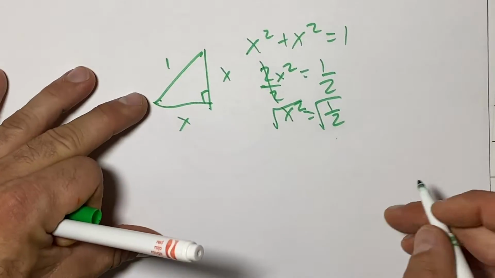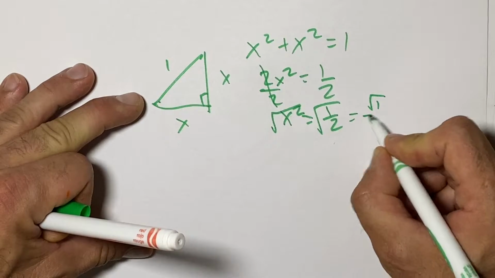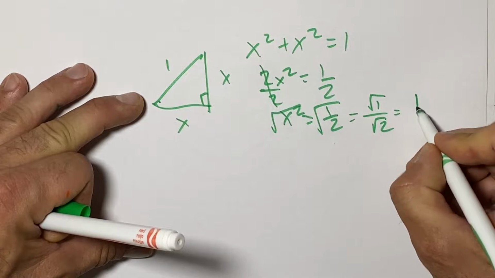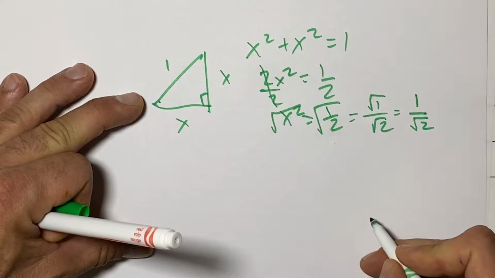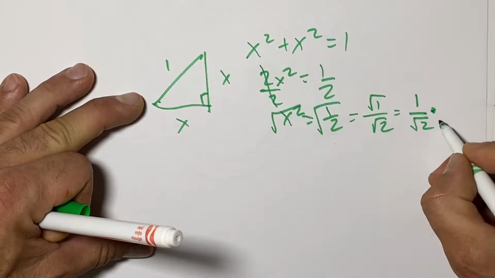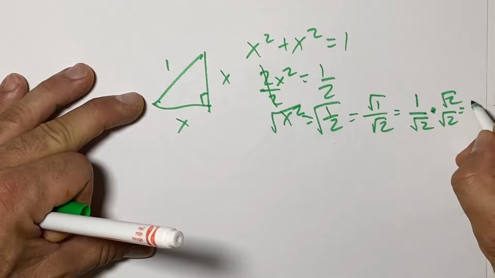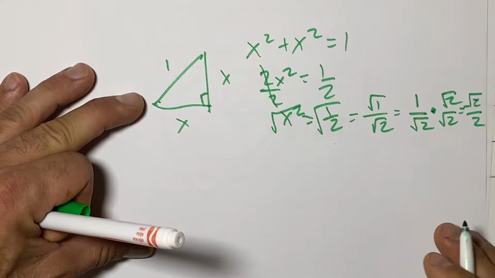So when we have the square root as a denominator, we can express this as square root of 1 over square root of 2. And we know square root of 1 is 1. So the square root of 2 we're not allowed to leave on the bottom. So we do something called rationalizing. We multiply the top and the bottom by that radical, and it moves it up. We get radical 2 over normal 2.